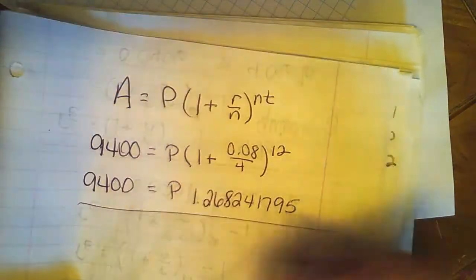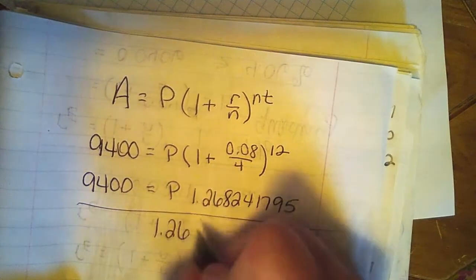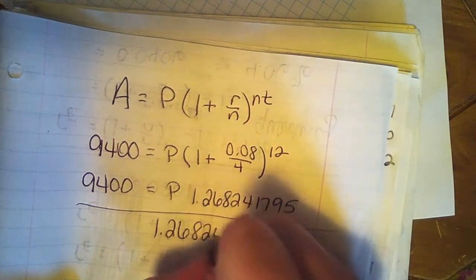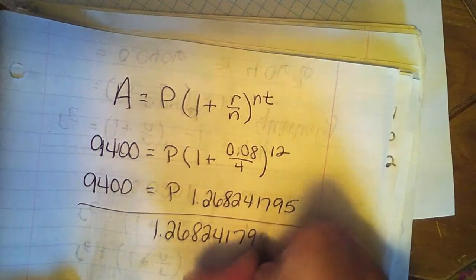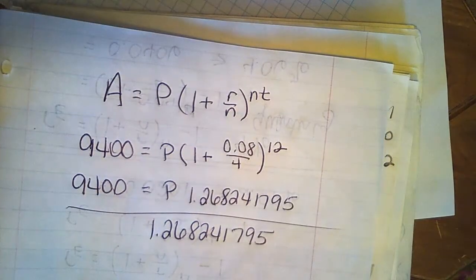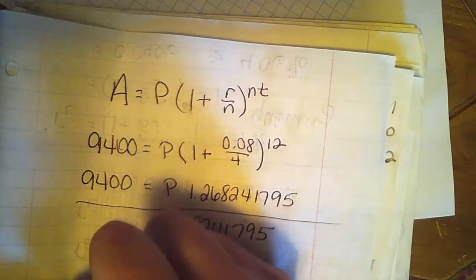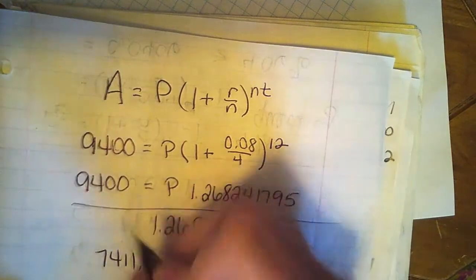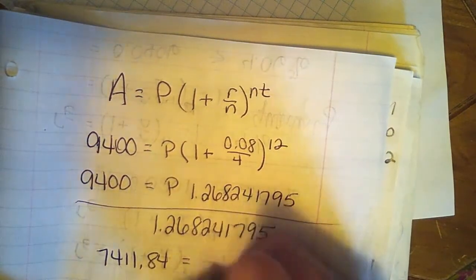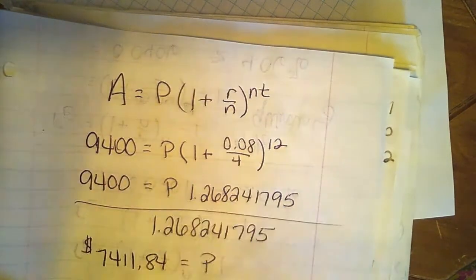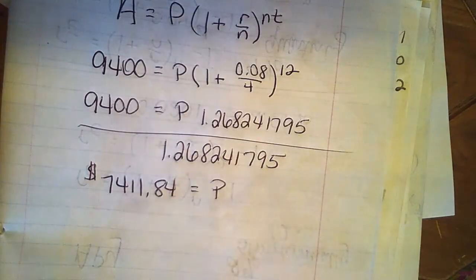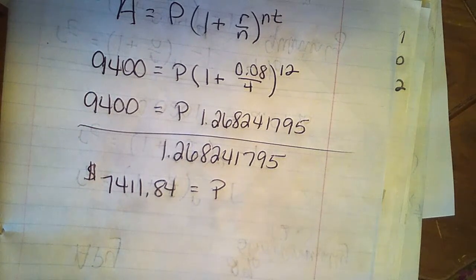So I'm going to divide the entire thing by 1.26824 1795. So 9,400 divided by that mess is going to give me 7,411.84. So that's how much I started with in order to end up with $9,400.